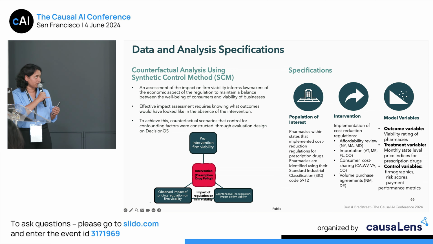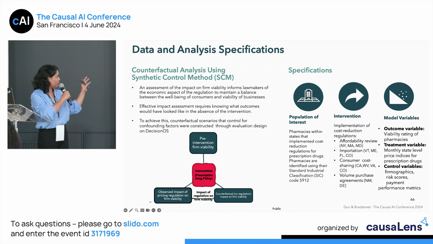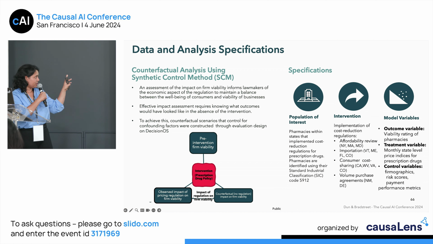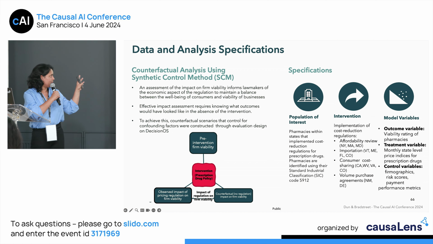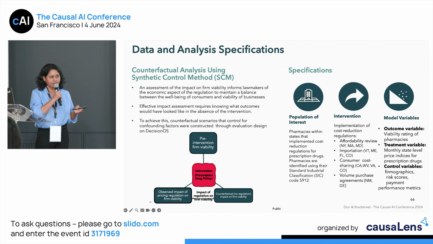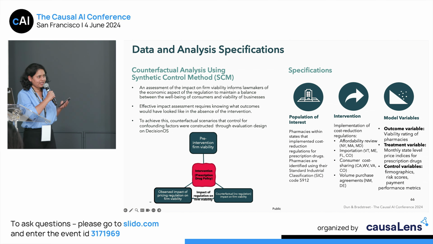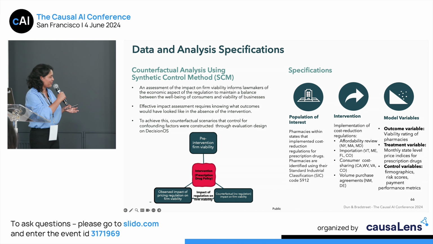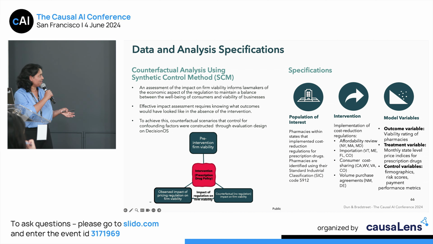After the intervention, we have the observed impact, what is actually happening to the pharmacies, and then we have the counterfactual or synthetic impact, what would have happened to the pharmacies. When we have those two results, we take the difference of them, and that's the impact the regulation is having on businesses. So that's a very short way of explaining the synthetic control method.